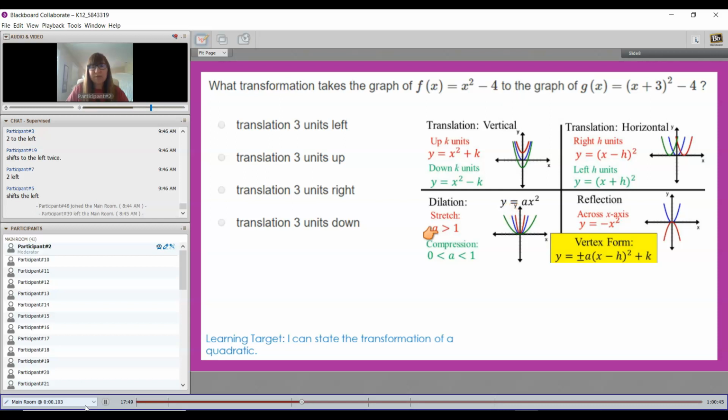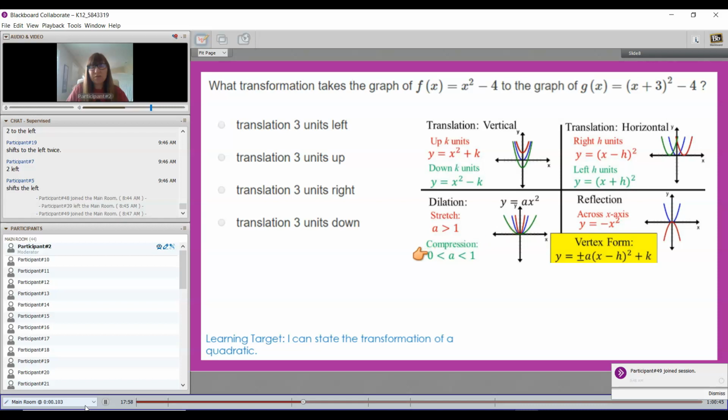If it's greater than 1, so if it's 1 or bigger, then that's going to make it stretch. If it is between 0 and 1, so usually you'll see a fraction there, then it's going to compress. You can see the green here.